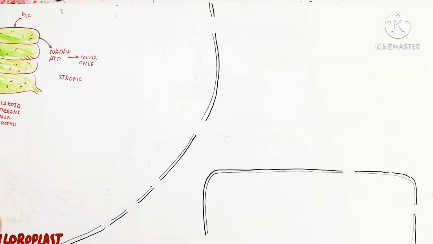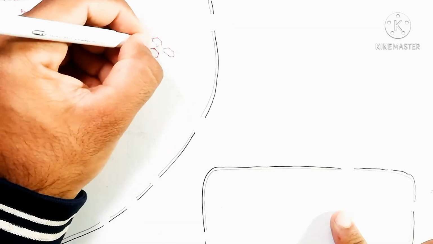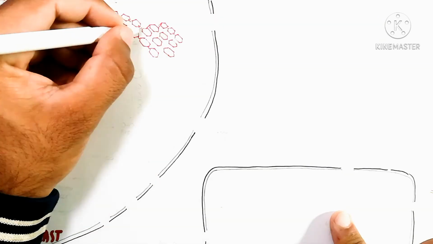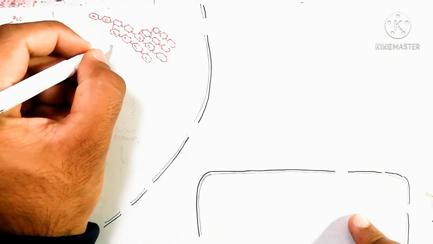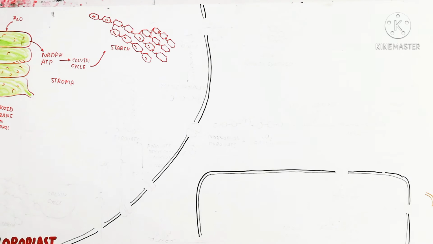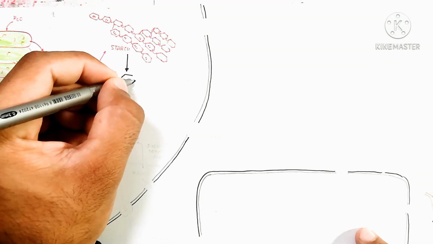This mechanism is basically the same as in the C3 plant, but here we will discuss the CAM plant. So we will understand the whole process, and next we will be able to distinguish these differences.